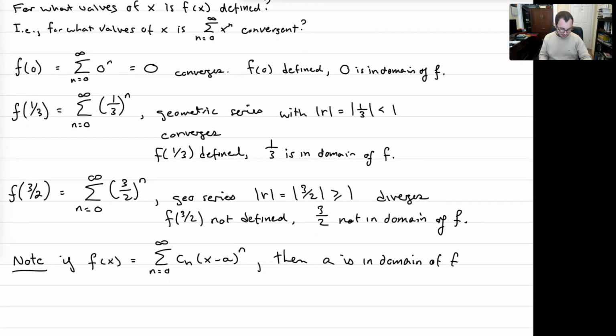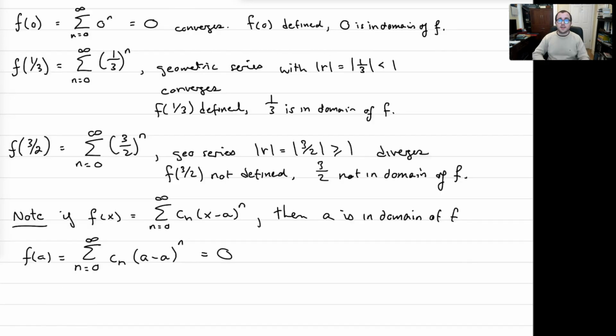Guaranteed. Because f of a is just going to be x replaced with a. And when you replace x with a, you get a minus a, and you're going to get 0. So the center is always going to be in the domain. In general, what is the domain of this power series?